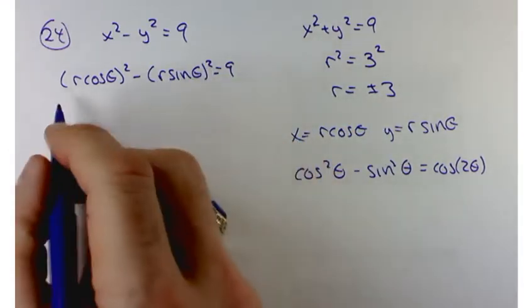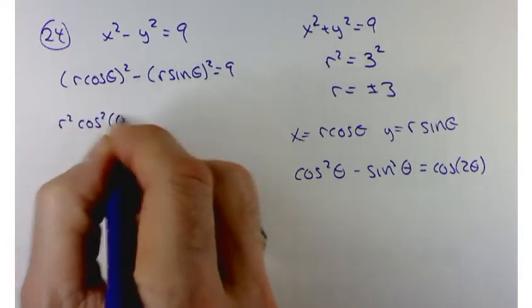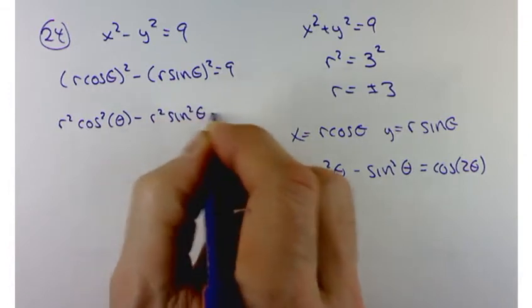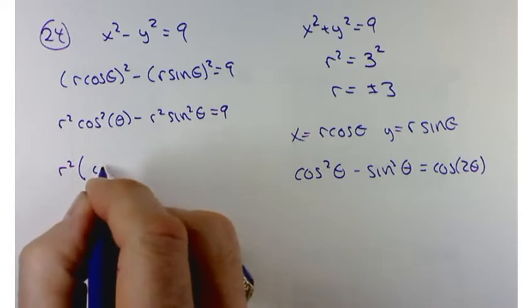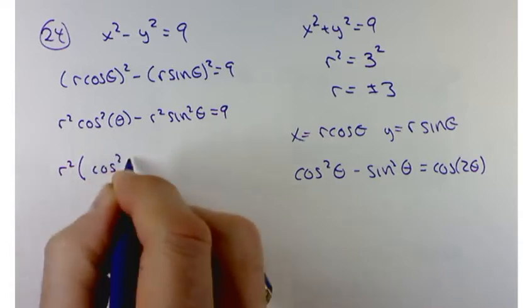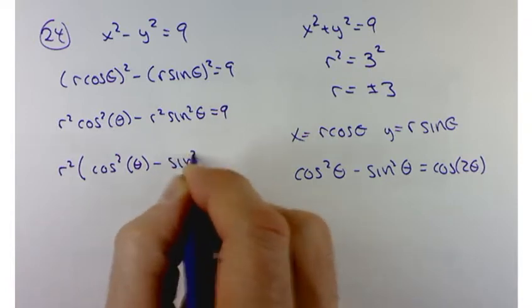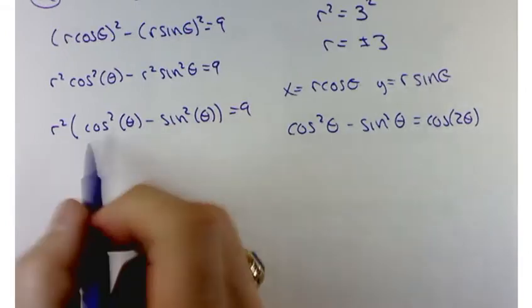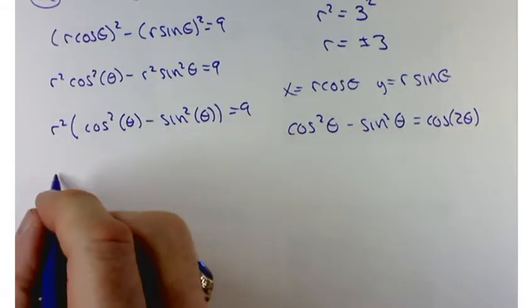Let me distribute that square. So it's r squared cosine squared of theta minus r squared sine squared of theta equals 9. And I can factor out the r squared. This whole term then can be replaced by cosine of 2 theta.